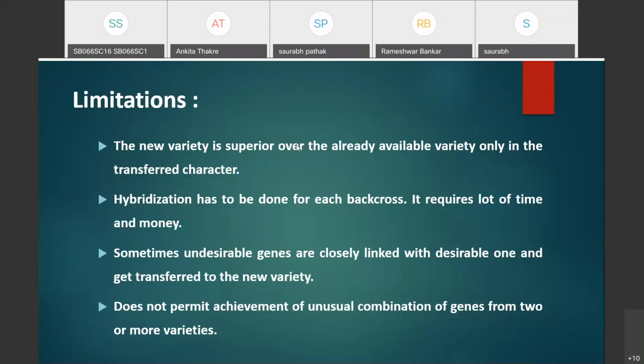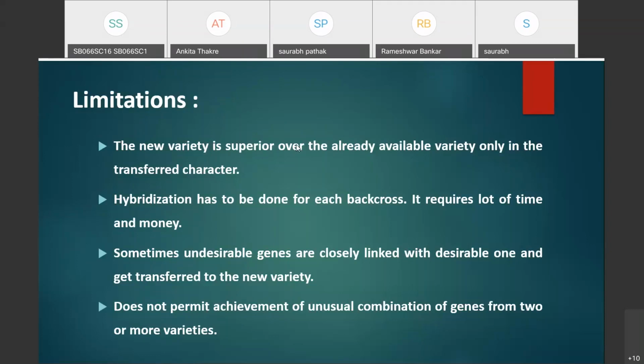Then sometimes undesirable genes are closely linked with the desirable ones, and these undesirable genes also get transferred along with the desirable genes into the new variety.